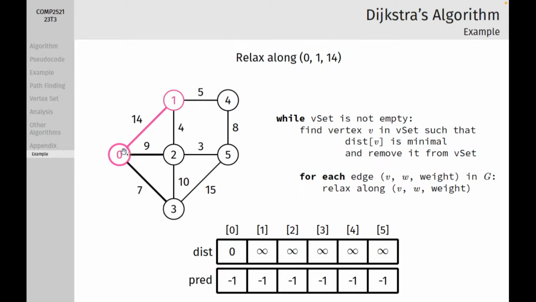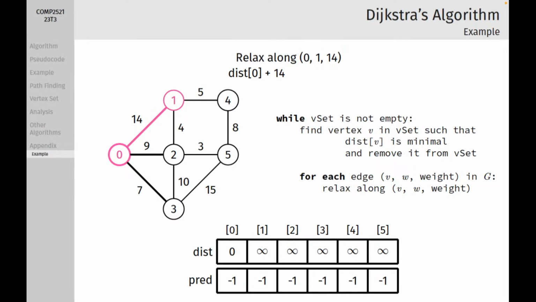So let's look at the first edge. We want to relax along this edge from 0 to 1. The question is, if we use this edge, what is going to be the cost of the new path from 0 to 1?